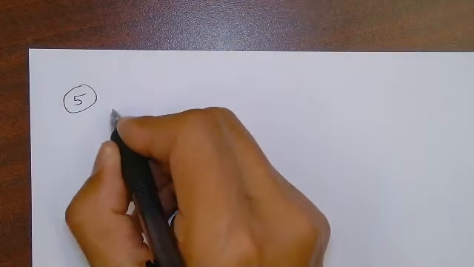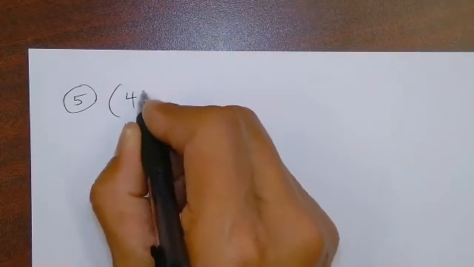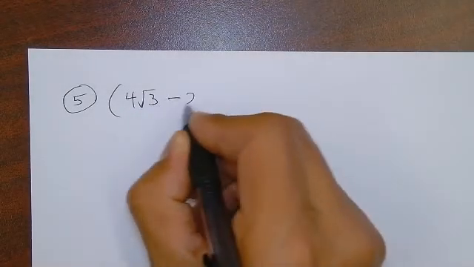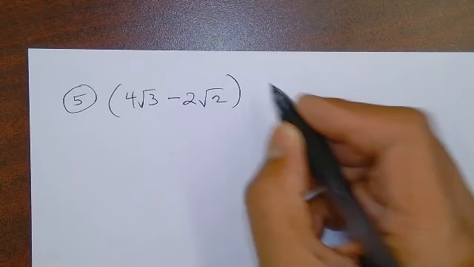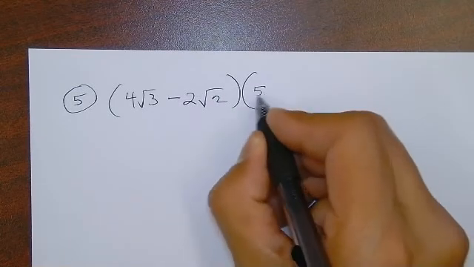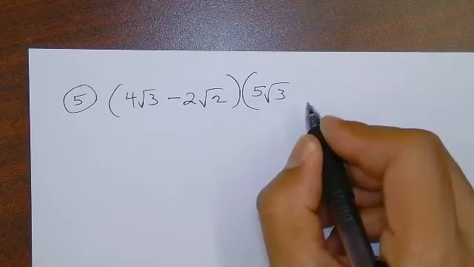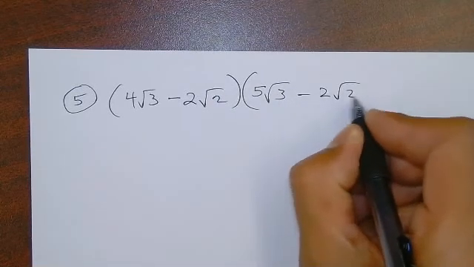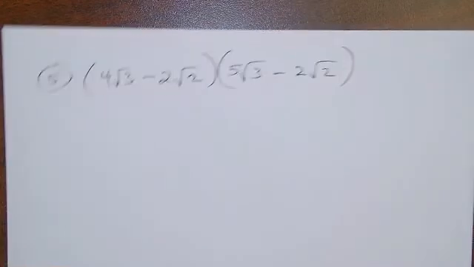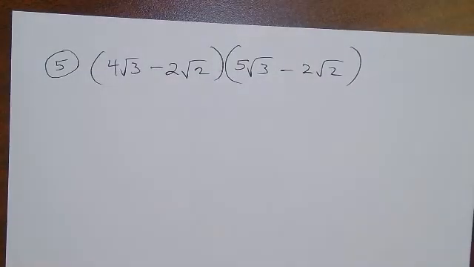Okay, last one, number 5. Four root 3 minus 2 root 2 times 5 root 3 minus another 2 root 2.